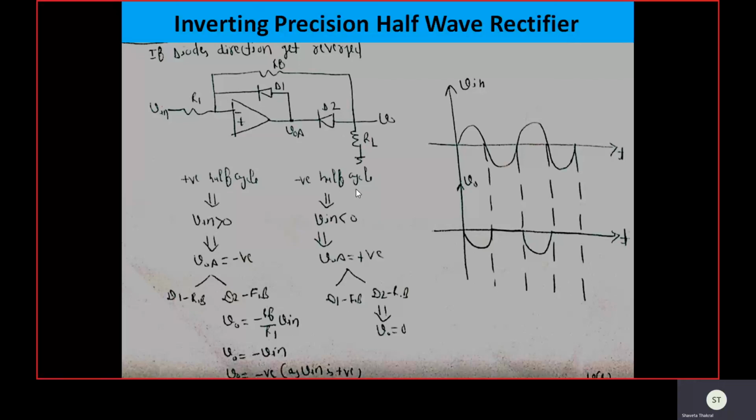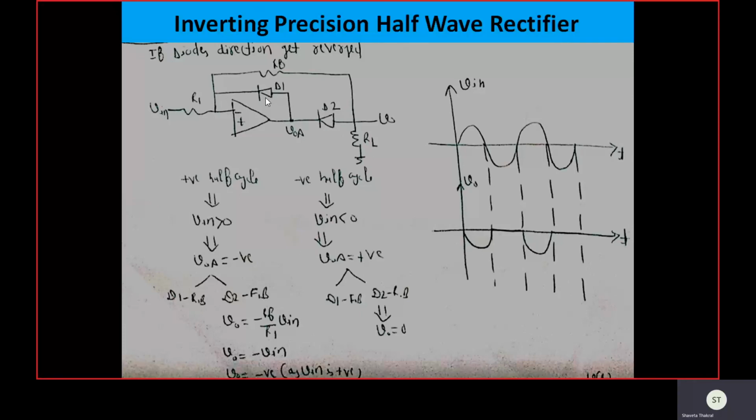And if we discuss the negative half cycle, Vin will be less than 0 and the potential here is negative. So here we will get the positive potential because of the inverting operational amplifier. So the potential at this point will be positive, and because of the positive potential appearing here, this particular diode will be forward biased and this diode will be reverse biased.